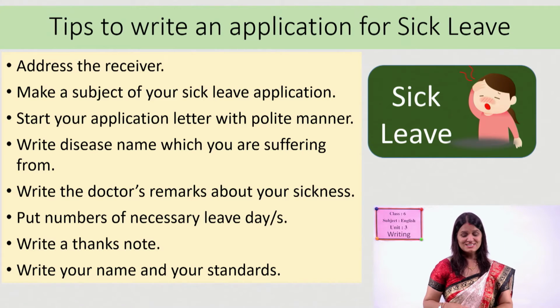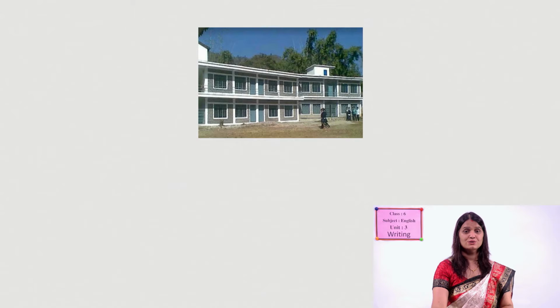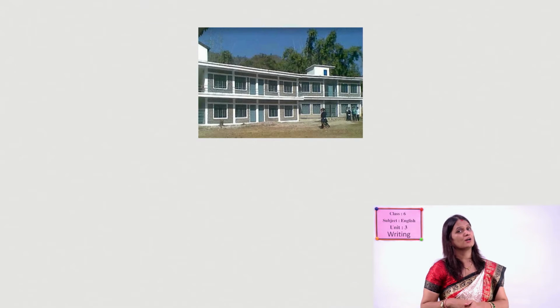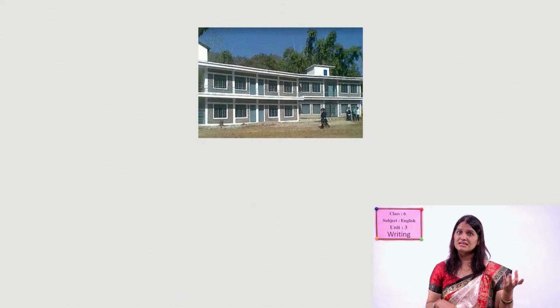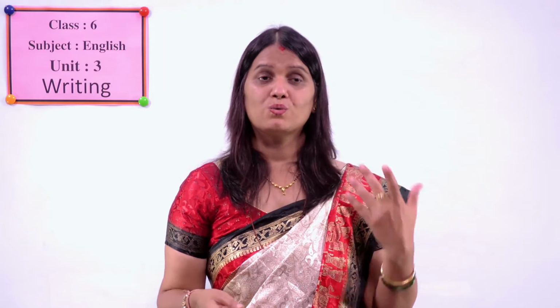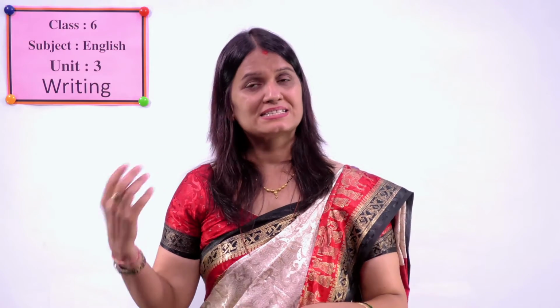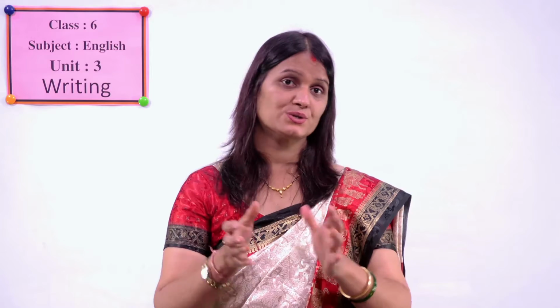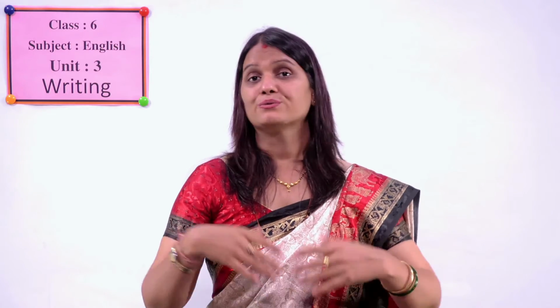Okay, so these are the information here. I'm going to show you one more example. Till now we have learned how to write a leave application, for what purpose we will write that: when we are sick and we have to inform the school or the principal about our sickness, then we write a leave application, a sick leave application.